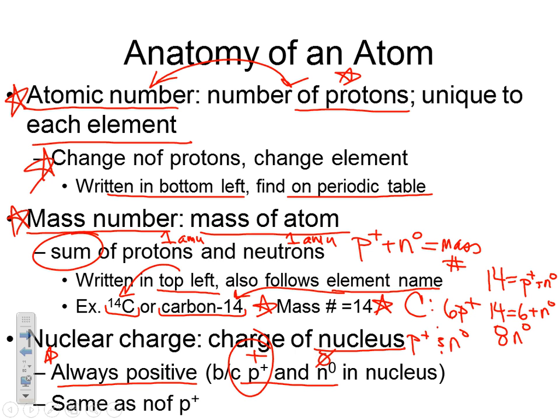We're just focusing on the thing that actually carries a charge. The nuclear charge will always be the same as the number of protons that that particular atom has, because those are the things in the nucleus that carry a charge. So if we go back to this carbon example, carbon contains 6 protons, so that means that the nuclear charge for carbon is plus 6, same as the number of protons.